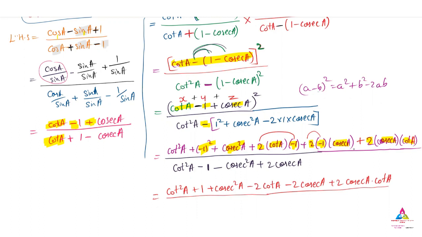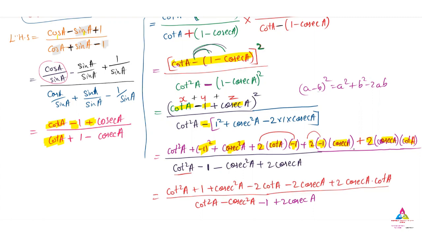So here is the calculation you can make further. What calculation you may do here is: cot square A, I will write down first. Then I will take the minus cosecant square. Then I will write down that minus 1. Then I will write down 2 cosecant A. Okay, so you may ask why I have done this.